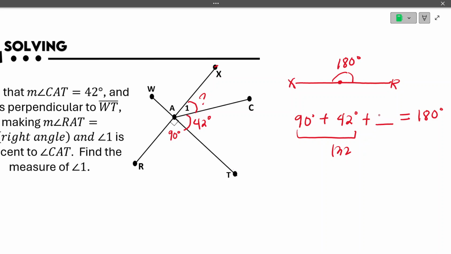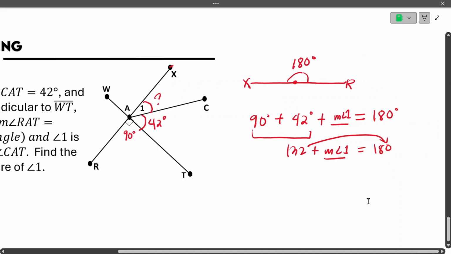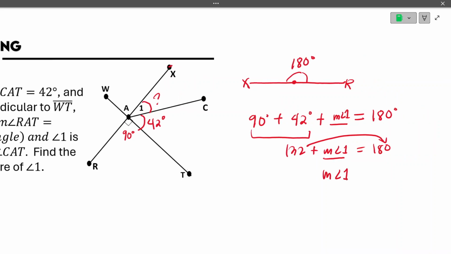Now, if this missing angle here is the measurement of angle 1, then we can write the measurement of angle 1 over here and 180. But to find this, we will just transpose 132 to the other side of the equation. So the measurement of angle 1 is 180 minus 132. Now, what's the difference? 5, 4, 3, 2, 1?